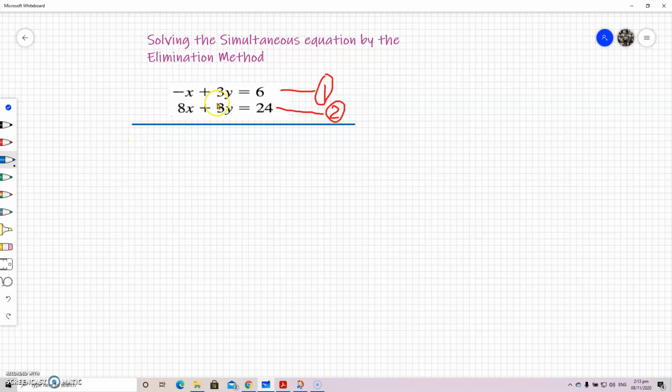As we just said, if I take equation 1 and I subtract from equation 2, this here means subtraction.